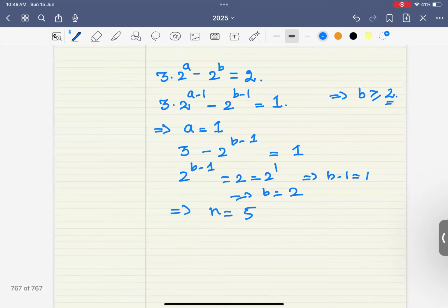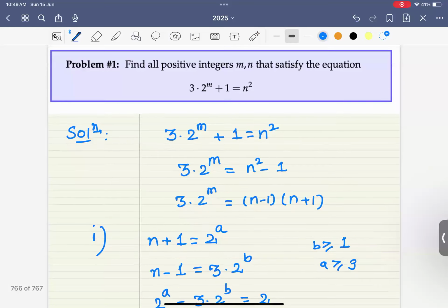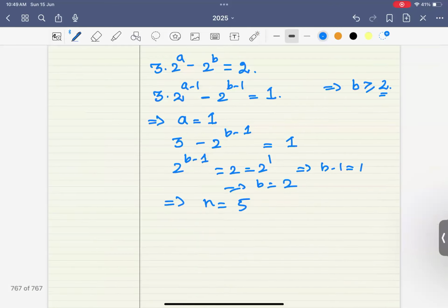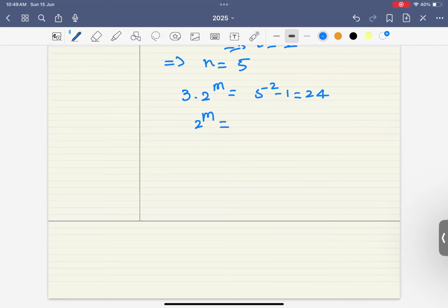Right. And if you were to put this n equal to 5 in the original equation, you'll get 3 times 2 to the power m is equal to 5 squared minus 1, which is 24, in fact. And so you get 2 to the m is equal to 8, which is 2 to the 3. So you get m is equal to 3.